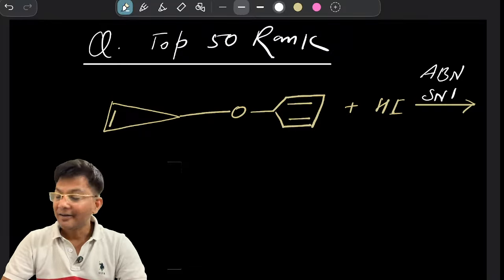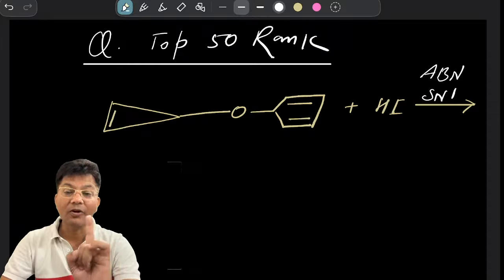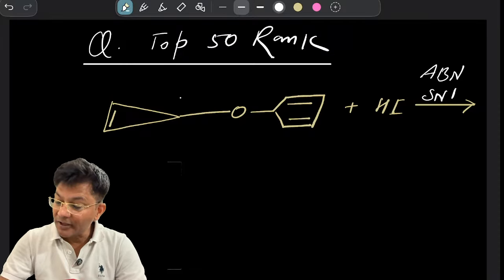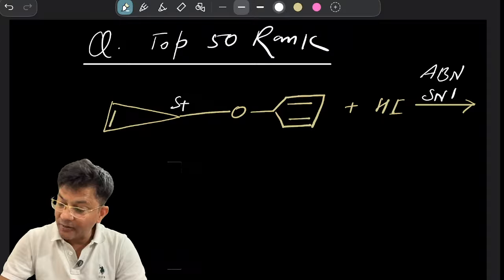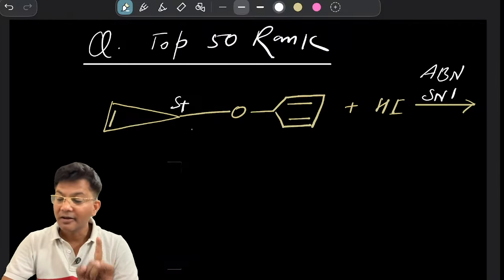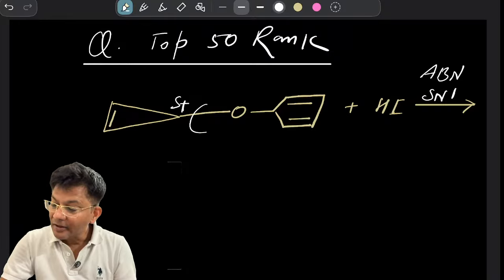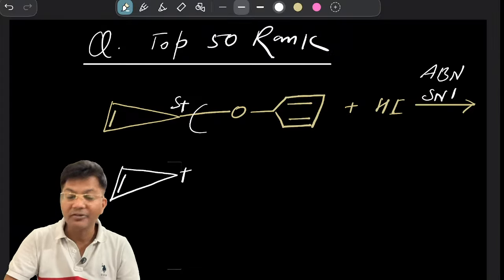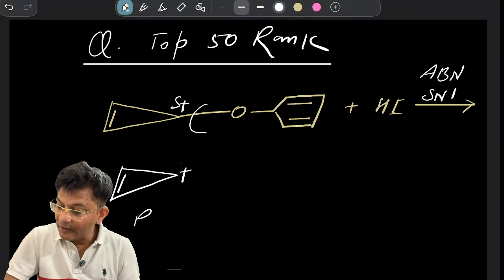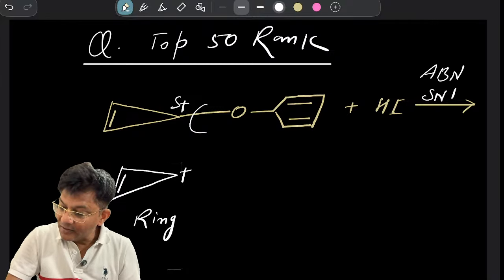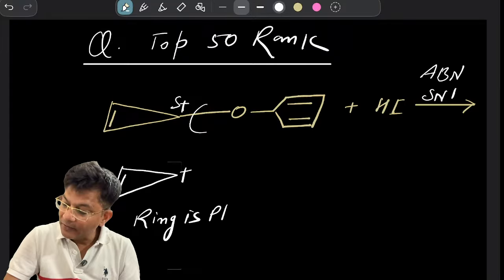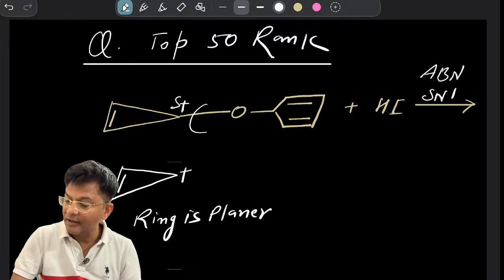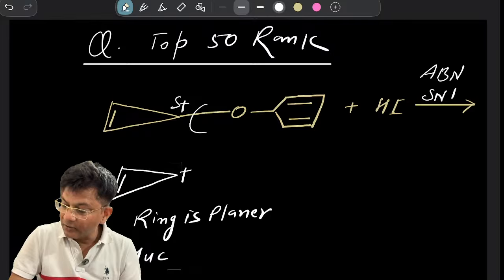What's the reason that here there is no dancing resonance? You see, for dancing resonance, there should be a carbon on the adjacent position, but there is no carbon. The reason is aromaticity. This compound is aromatic. Why is it aromatic? The ring is planar. First thing, the ring is planar. Second thing, it follows Huckel's rule.